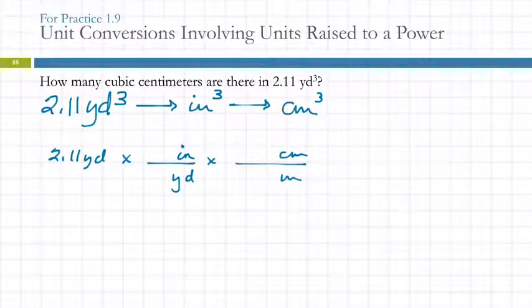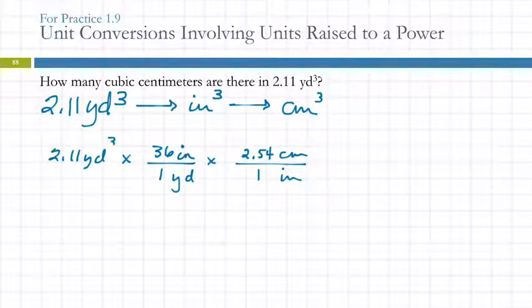I'm getting a little sloppy. My inches kind of look like my centimeters. That's not very nice. What are the relationships? Well, we already established that. 36 inches is 1 yard. 2.54 centimeters is 1 inch.